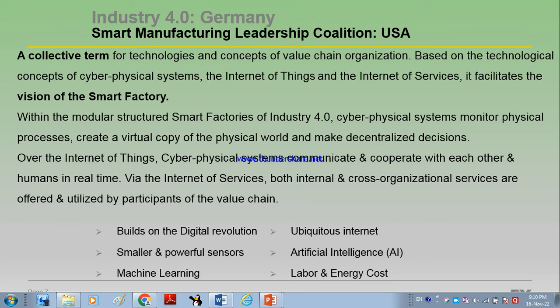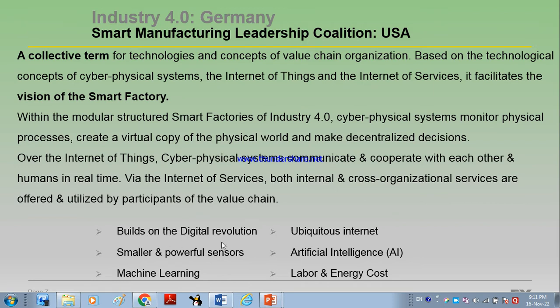The old days factory is going to be converted into smart factories, that is called a modular structure. And in the next slide we will discuss the CPS, the cyber physical system, that monitors physical processes and creates a virtual copy of the physical world, which you can say is simulation, artificial intelligence, and all this happens because of internal and cross-organizational services.